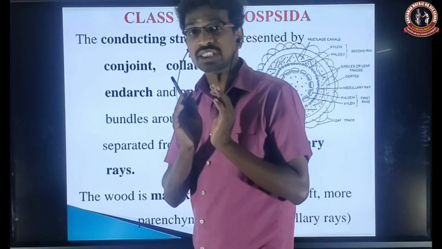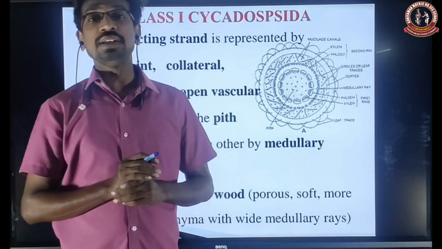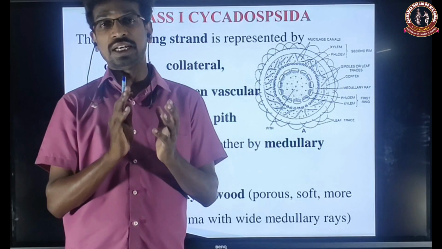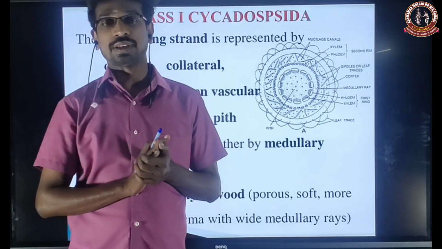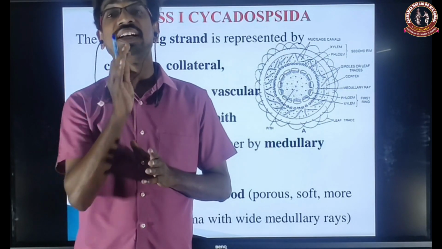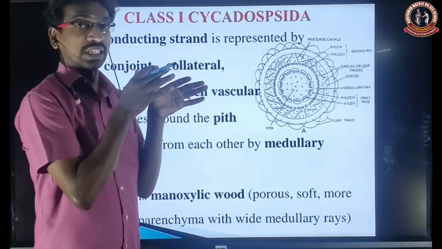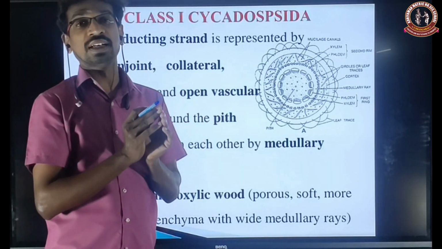That means it resembles a eustele. We already discussed the different types of stele. In that type, the eustele is a very common feature for dicots. Mostly in gymnosperm, the secondary growth resembles that of dicots.